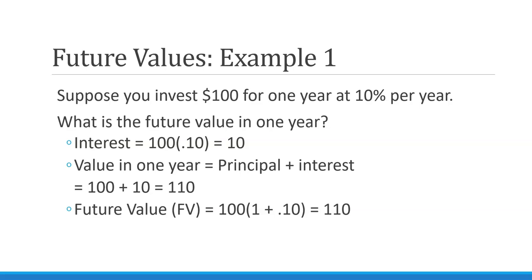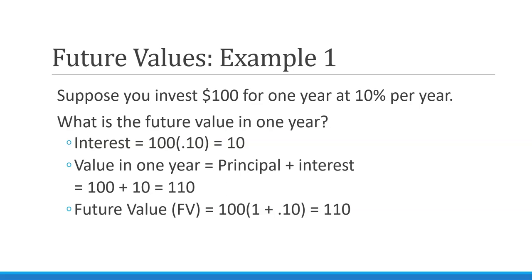When we put that into the future value calculation, we see the present value, PV, is 100, times 1 plus the rate, shown as a decimal, 0.10 for 10%. And there is no exponent for the time because it's only for one time period.